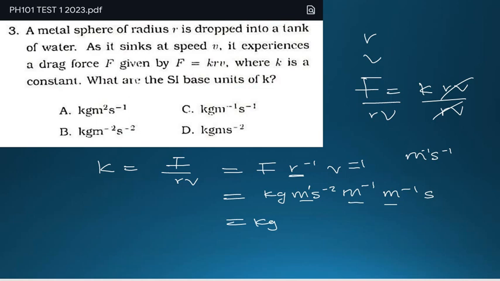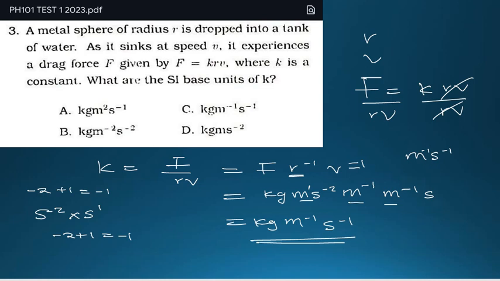Here, negative 1 minus negative 1 is negative 2, plus this one, we have negative 1 here. So we have m to the power negative 1. What about s? We have s to the power negative 2 times s there to the power negative 1, which is we are adding the power negative 2 plus 1, which is negative 1 here. So we're going to have s to the power negative 1. Do we have any answer close to this or similar? Yes, actually our answer is C. As simple as that.